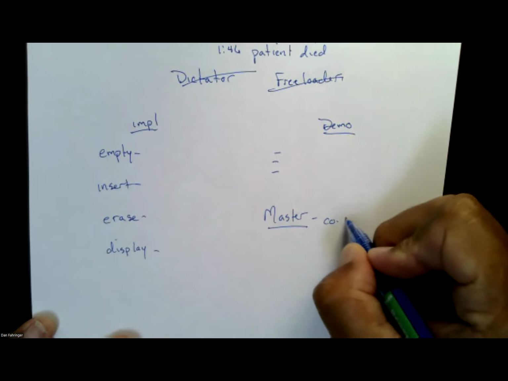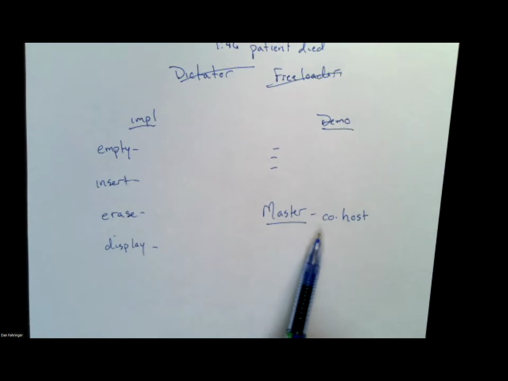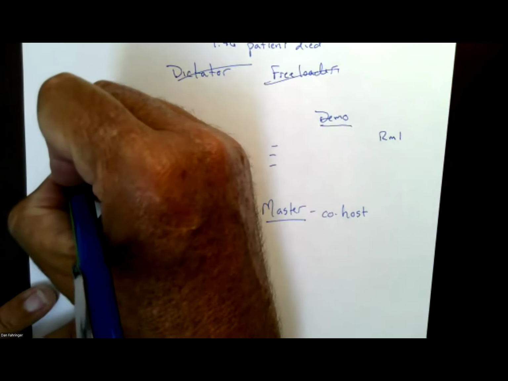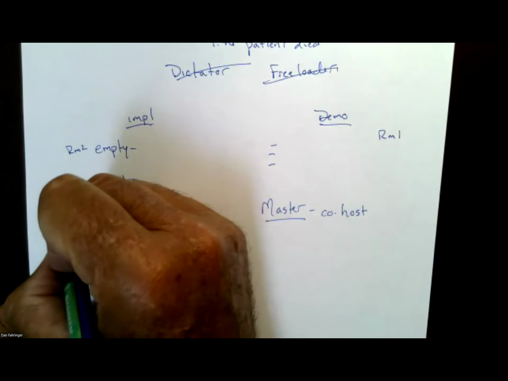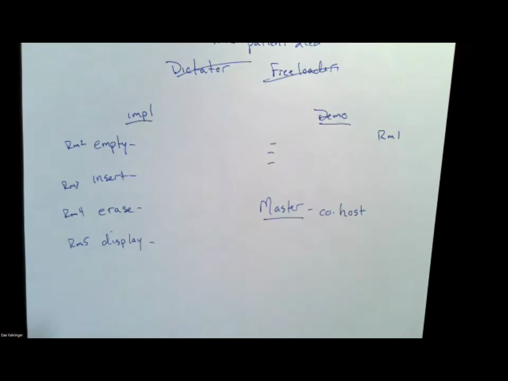I'm going to make this person the class co-host because we're going to have breakout rooms. The demo will be room 1. This will be room 2, room 3, room 4, and room 5. So I'm going to have 5 rooms. And the co-host will be able to jump in and out of those rooms, making sure everything is running smoothly.